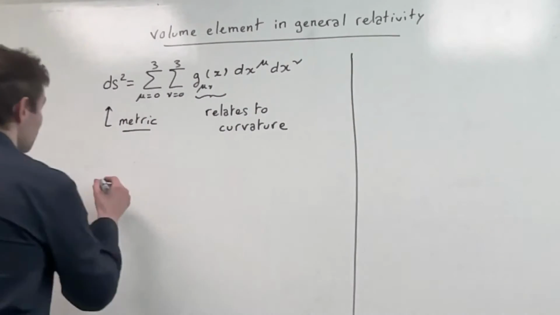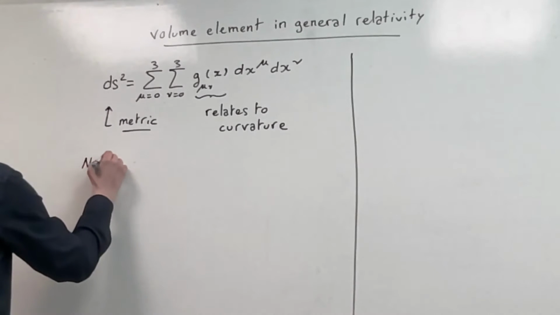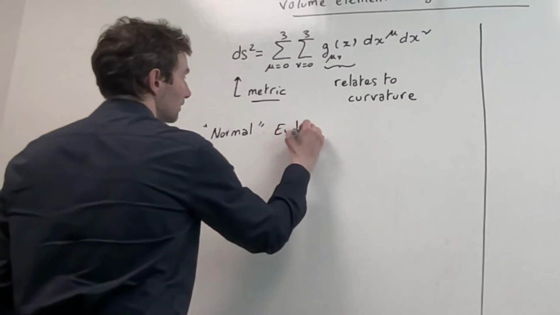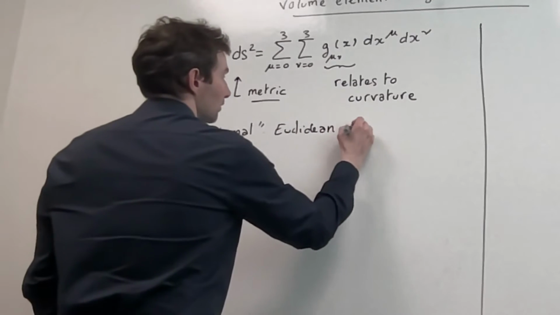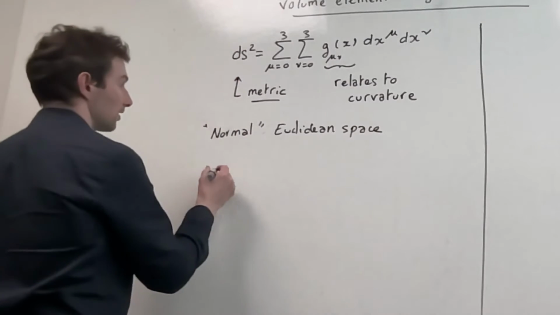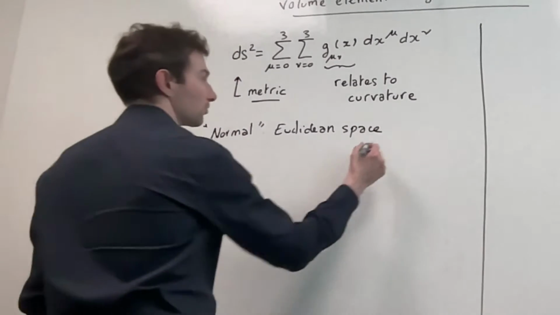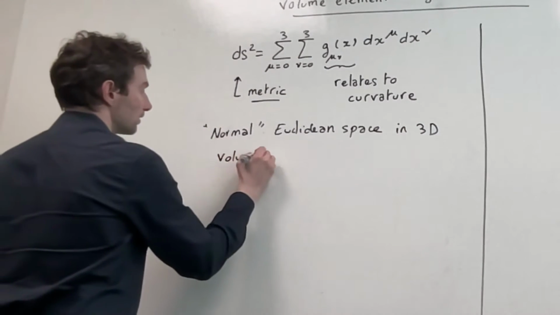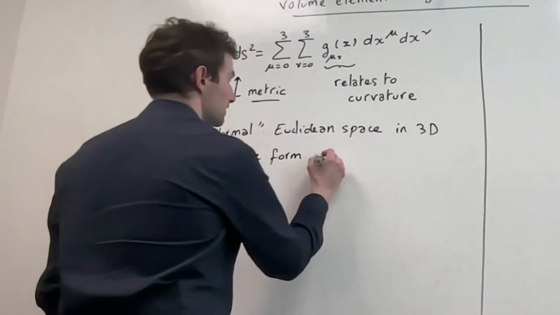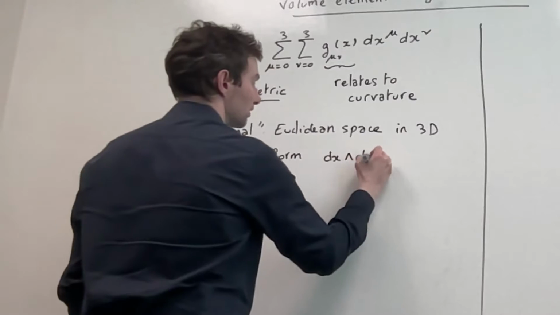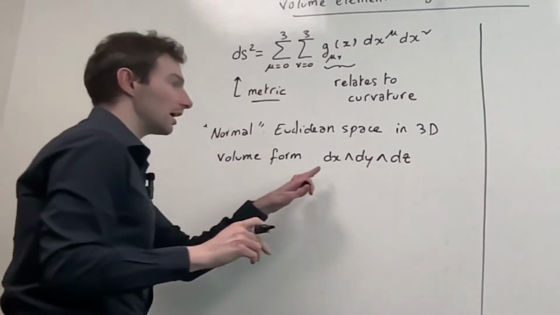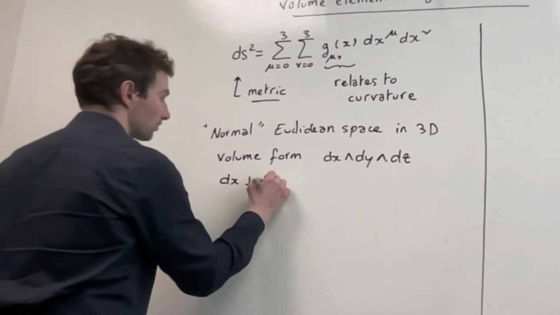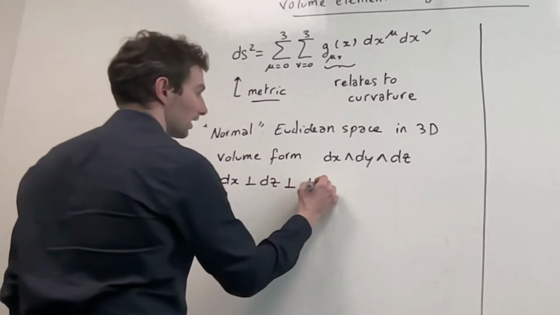If we are in Euclidean space, we had defined and talked about, let's say in 3D, the so-called volume form, and that's dx wedge dy wedge dz, where essentially it's assumed that dx is perpendicular to dz and is perpendicular to dy.